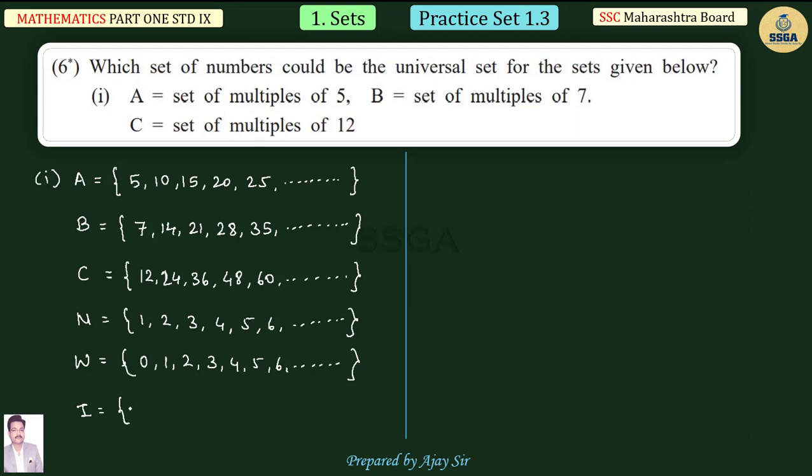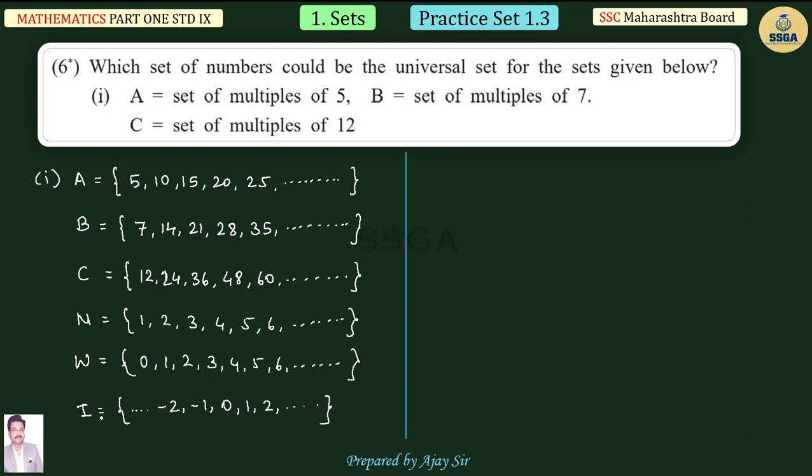So integers starting from negative numbers: -2, -1, 0, 1, 2 and so on. So all these elements of sets A, B, C are present in all these three sets: natural number, whole number, integer.